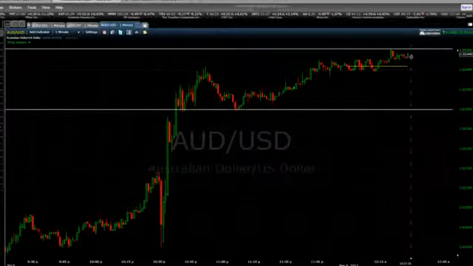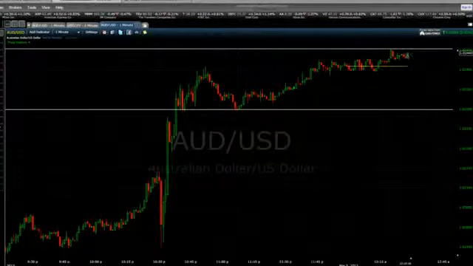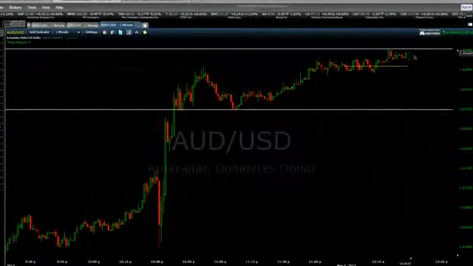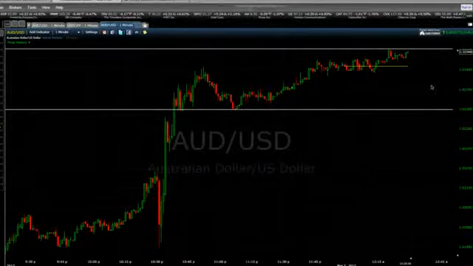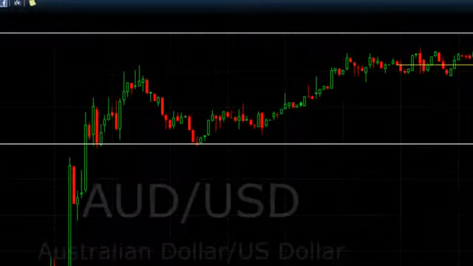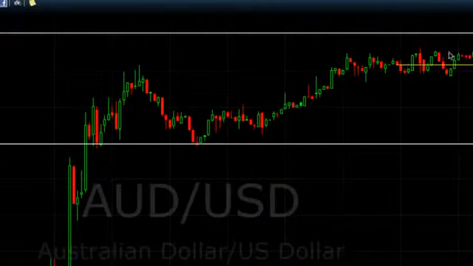So this one I'll leave alone. This might actually look like it's going a bit sideways, so I'll leave this trade alone. You can see here this would have been a good time to get in going up, and then through this action it's probably a bit too sideways for us.